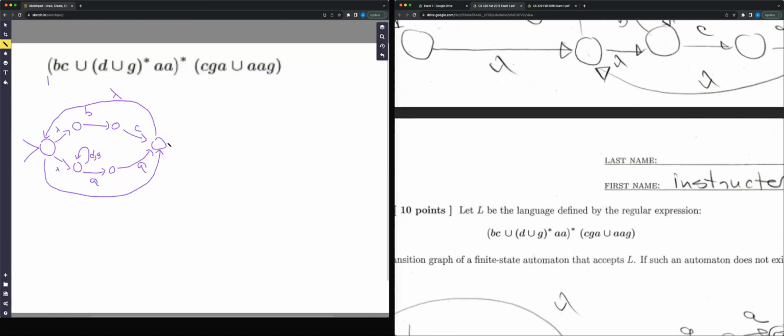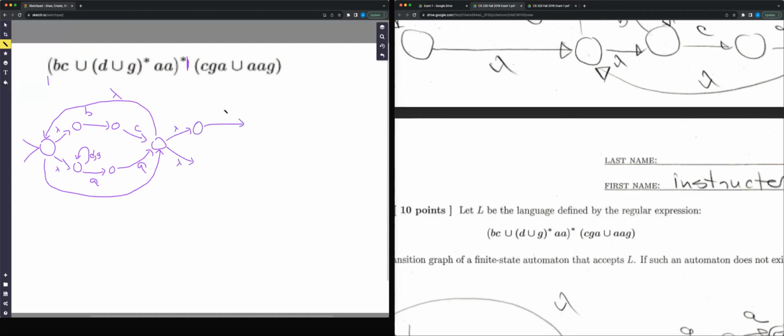Okay, we got into this point, which means we made it here. And now we want to do this part, CGA or AAG. So from my state here, I have two options. Let's just throw lambdas.